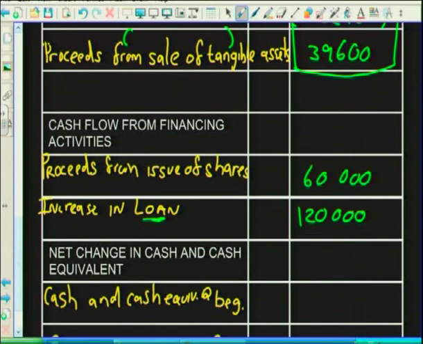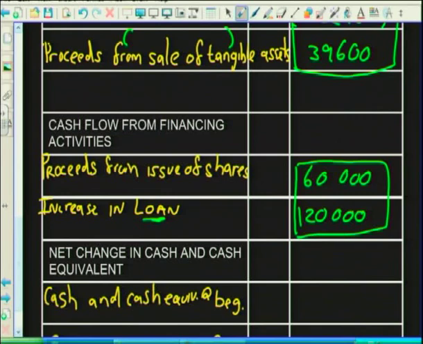Increase in loan represents an inflow of cash. If I borrow money, that money goes into my bank account, hence it increases the amount of cash I have in my bank account. Ready now to calculate your cash flow from financing activities: 60,000 plus a positive 120,000 is going to give me 180,000.